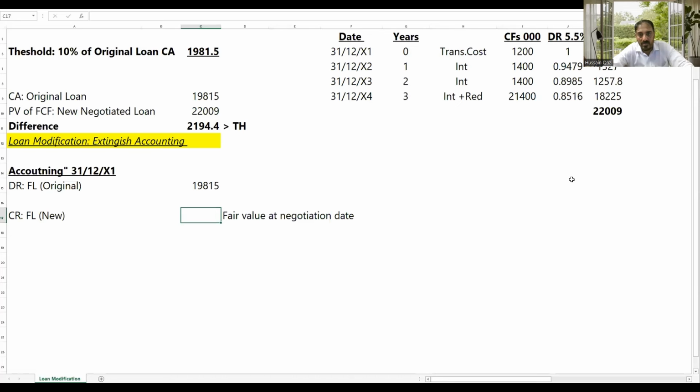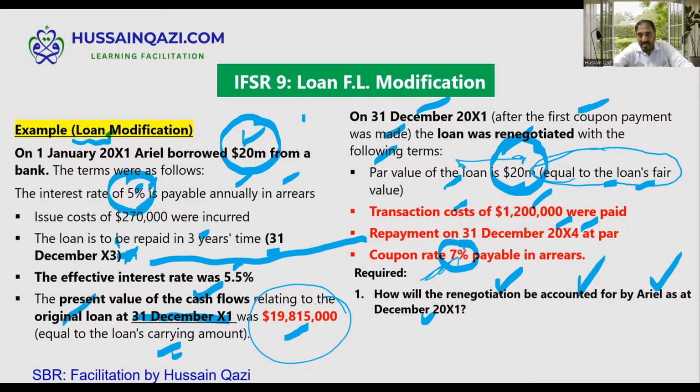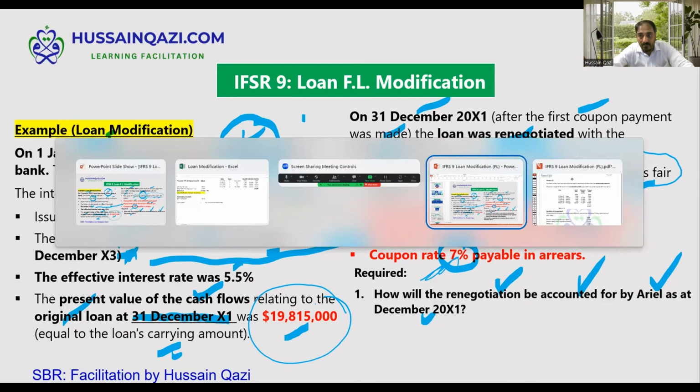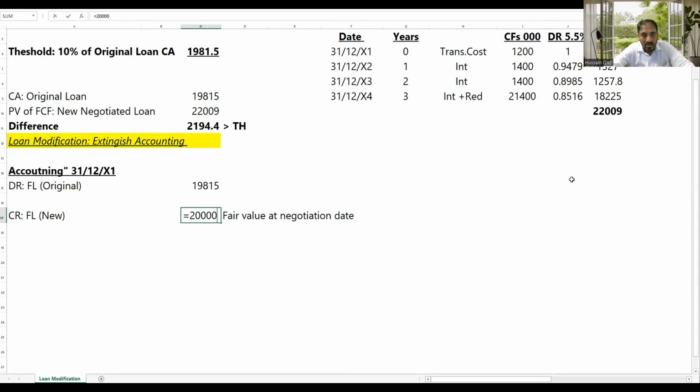So the fair value is 20 million. Any difference here, debit or credit, goes to P&L. And you need to charge that, equal to 180.